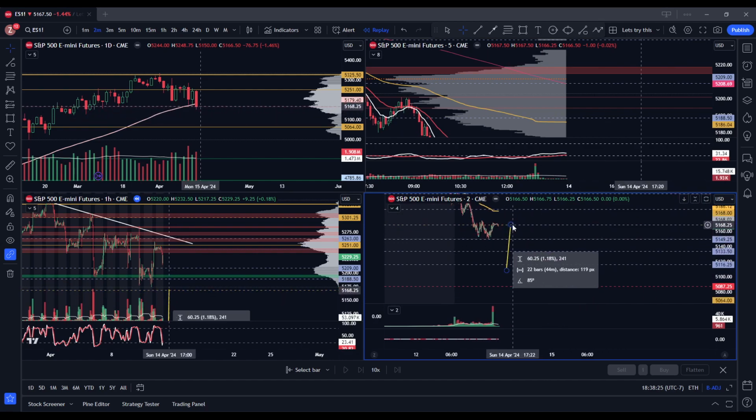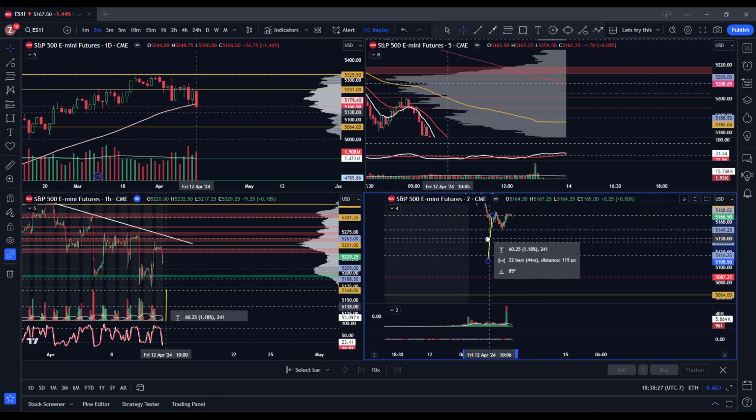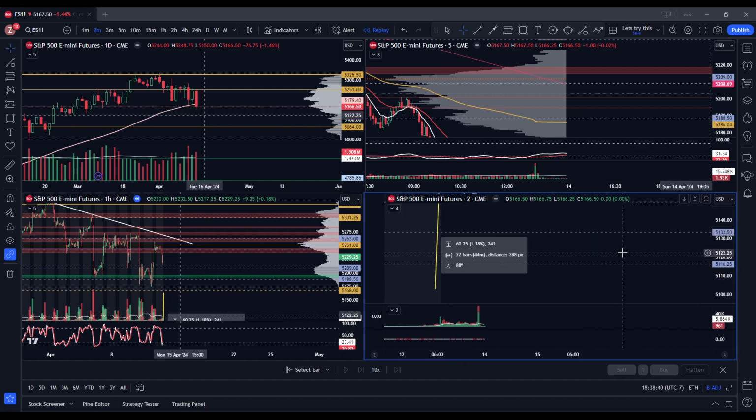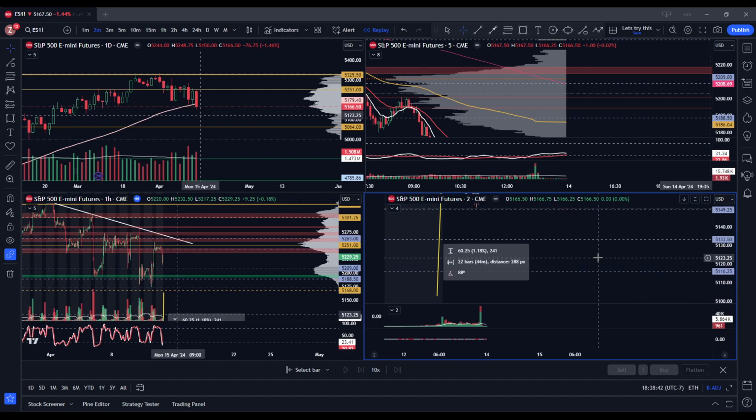So let's say we start dropping on Monday here, and we start forming a bear flag, a double top bear flag around 51.33. We know that we have room to move all the way down to 51.16, and then we could use these areas to structure a trade and see if there's enough risk to reward to make it worth our money to risk.